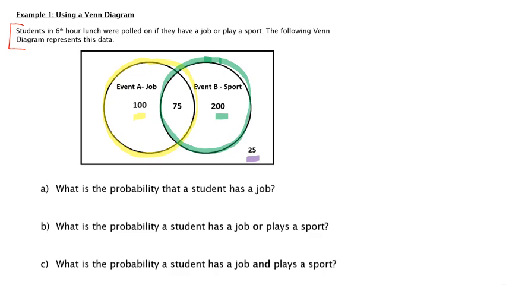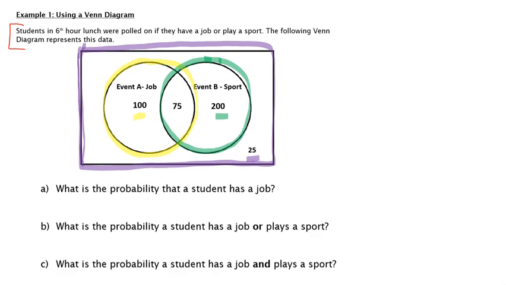A lot of times when there's a rectangle outside of the Venn diagram with a value, it means there's a quantity we need to represent that didn't fall within either event or category we set up.